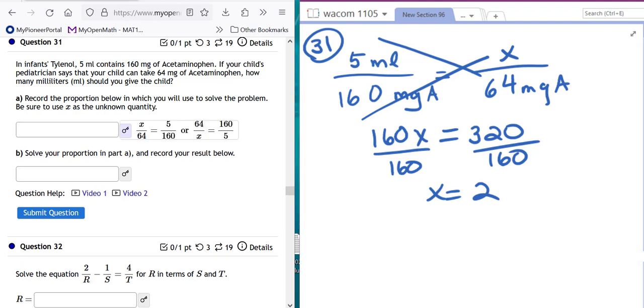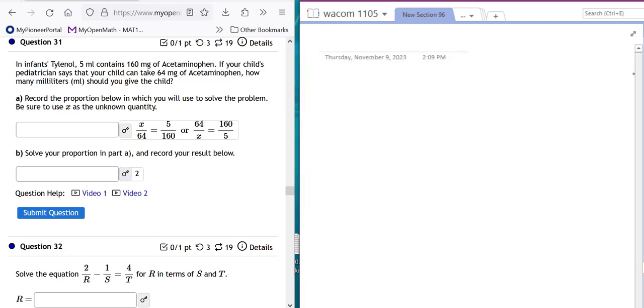So it may not match. All right. X over 64. All right. It's just backwards. It should be fine. X over 64, 5 over 160. They flipped across the equals. This is a different setup, but it should still give you the same equation. 160x equals 320. And the answer is 2. So we're good there.